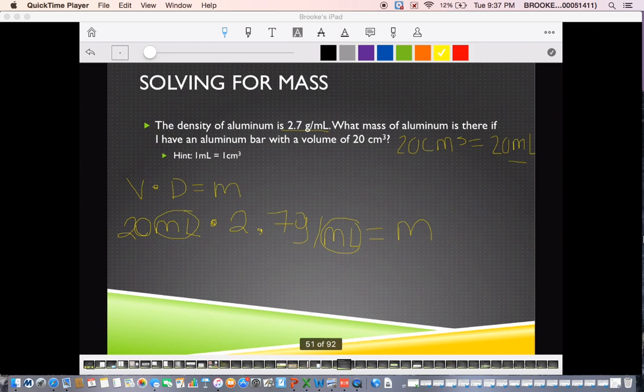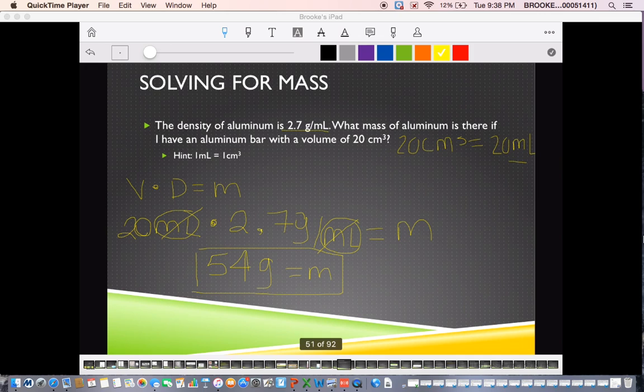That means that they are going to cancel out. And then we plug in 20 times 2.7, and we're going to get 54, and since our milliliters canceled out, that is going to be grams. You don't have to worry about leaving 2 decimal places here because it worked out to be a whole number. And that is equal to our mass, and we circle our answer.